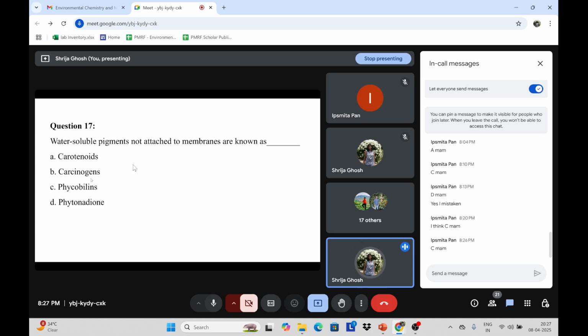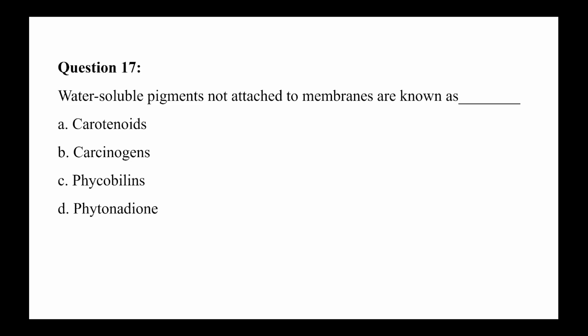Only one person is answering. Water soluble pigments not attached to membranes are known as option A carotenoids, option B carcinogens, option C phycobilins, and option D phytonadione. Okay, let's see the answer.